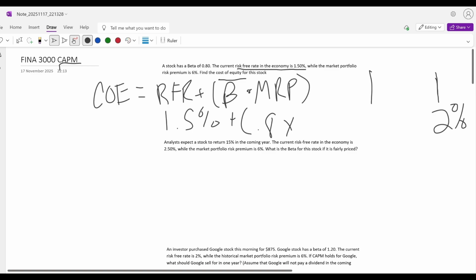So this measures everything above the risk-free rate that investors expect to receive on their investments. And so because the risk-free rate is almost guaranteed, like I said with government bonds, when people invest in the stock market, they expect a higher return because of higher risk.